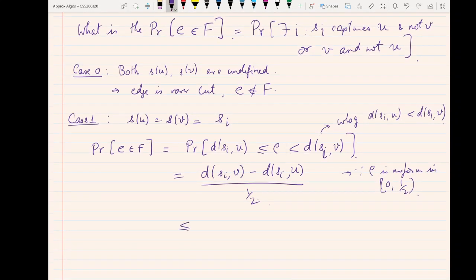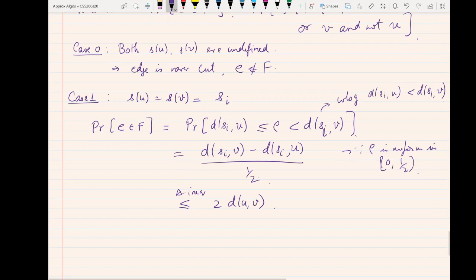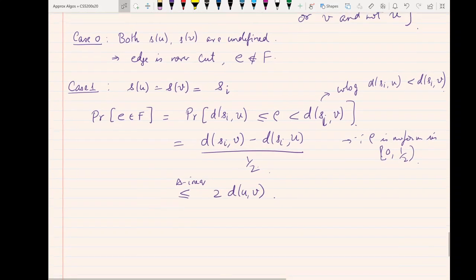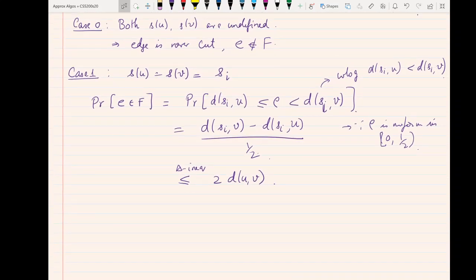And this is at most, by triangle inequality, like before, 2 times d of UV. So that's good. You can see why the 2 approximation is coming, but we have one important case left to tackle.